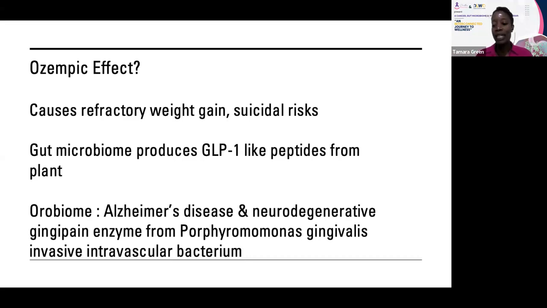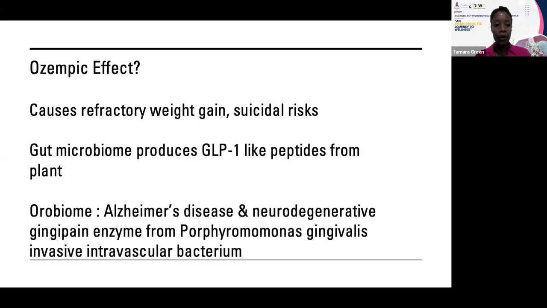And this was found in studies that looked at the guts of vegetarians and persons who employ mostly a plant-based diet. These persons were secreting GLP-1 like peptides. And this speaks to the beauty of our gut microbiome. It's our personal pharmacist.